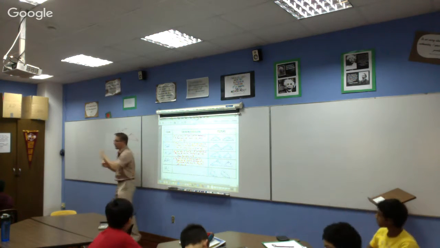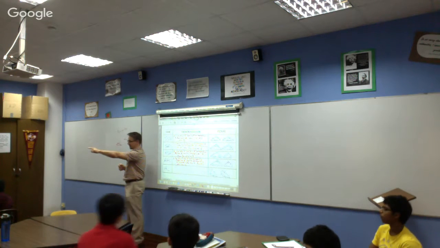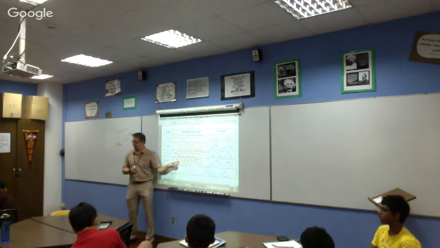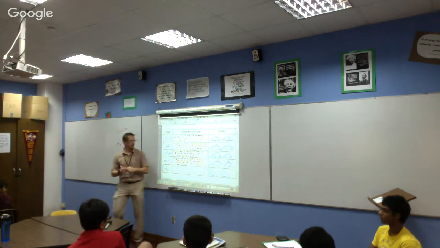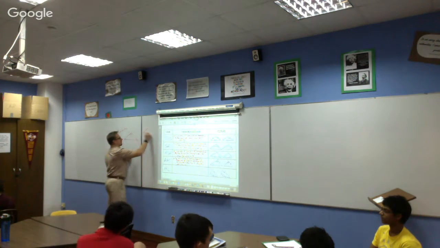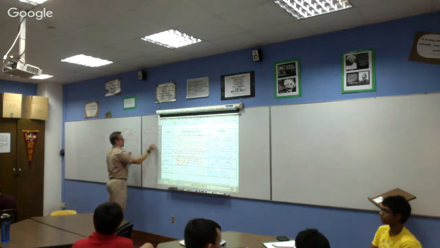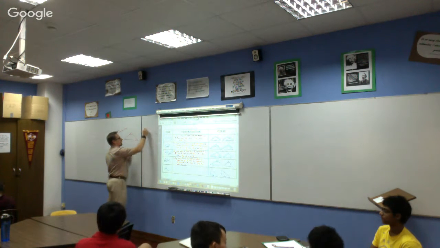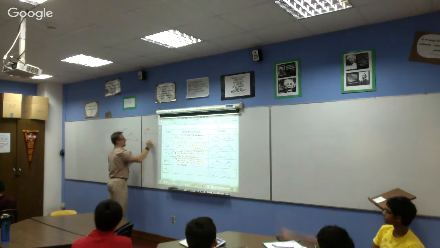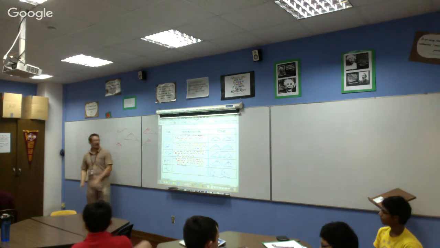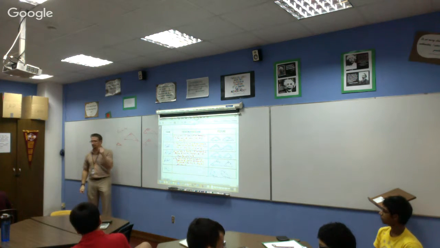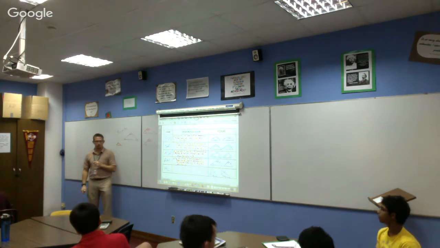Two triangles, if two pairs of corresponding angles are congruent and the corresponding non-included sides are congruent, then we have the same result. Our triangles are congruent. And it is very important, the piece that is different is that the corresponding non-included. Because when we have two triangles, how many sides are not included between these two angles? Two.